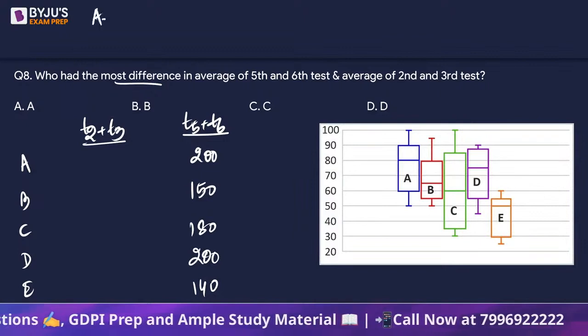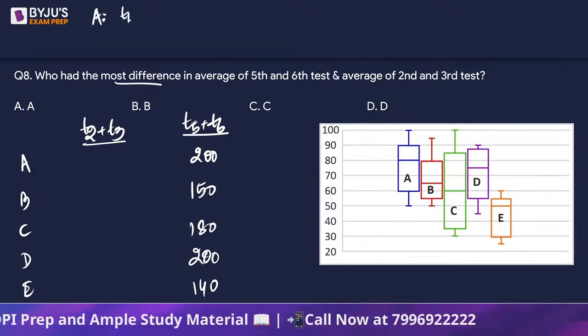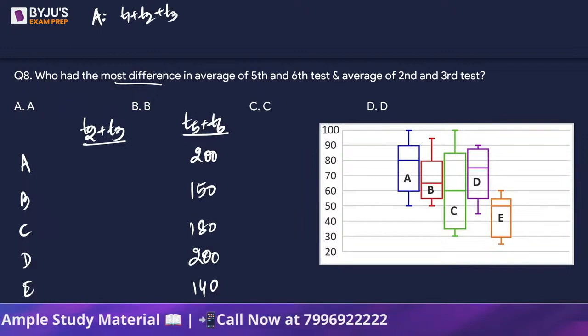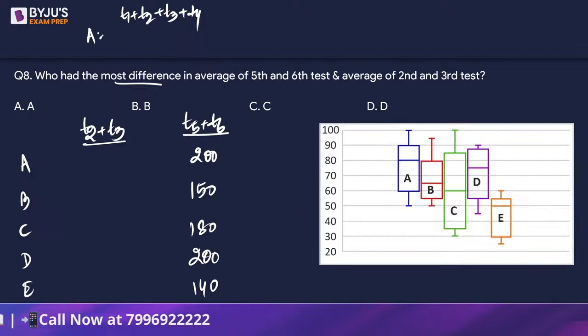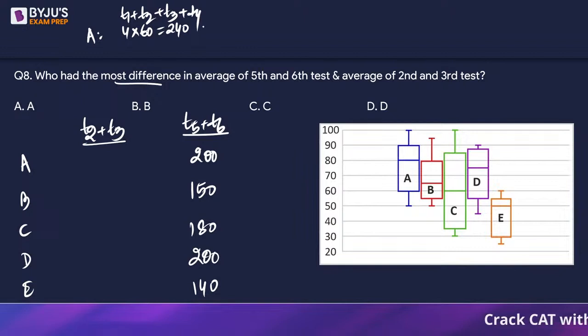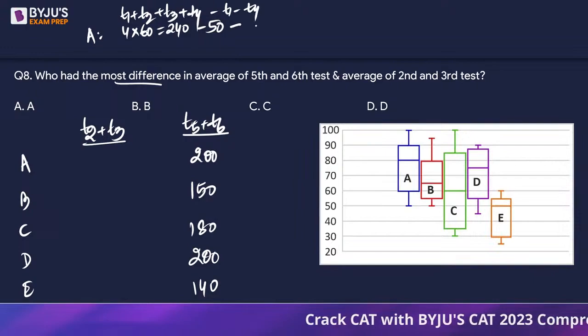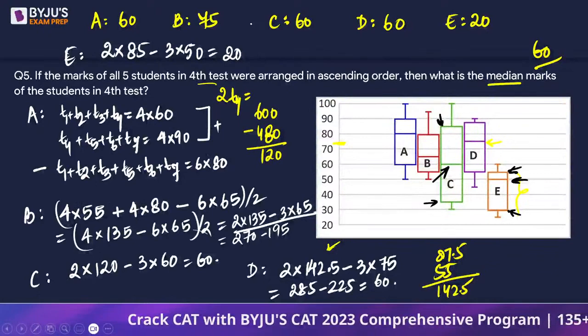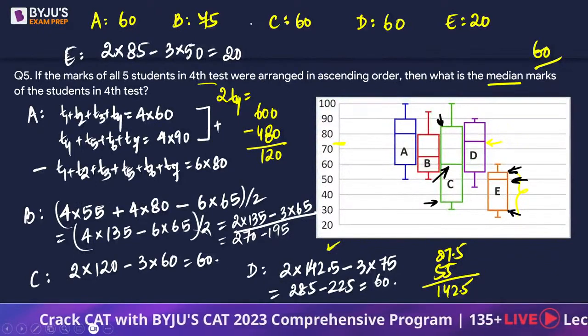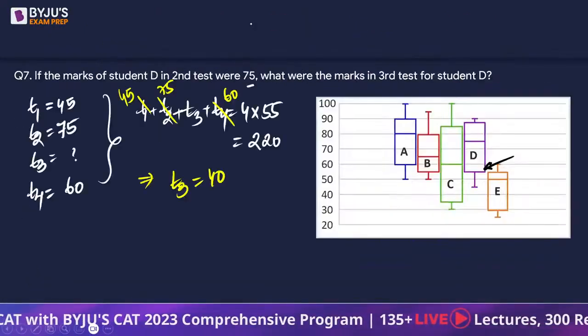Okay. For A, we know that the sum of the first 4 is going to be 4 into 60, which is 240, out of which T1 is known to be 50. So we will subtract that, and then we will subtract T4. T4 for A we had already calculated previously. T4 for A is 60, right?